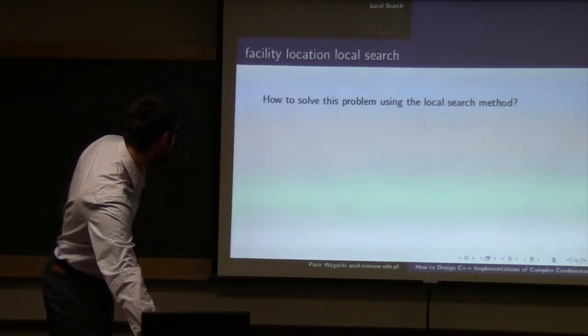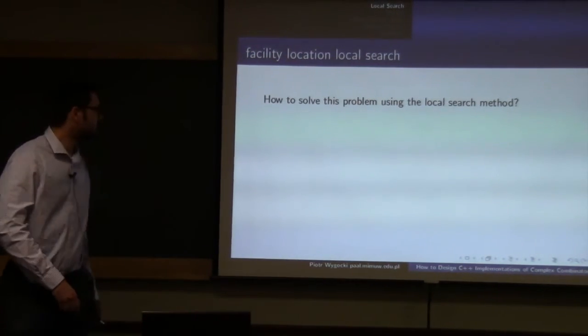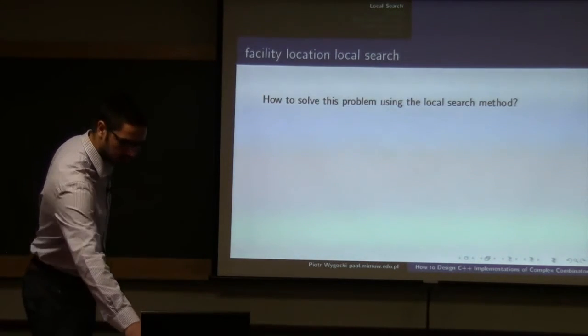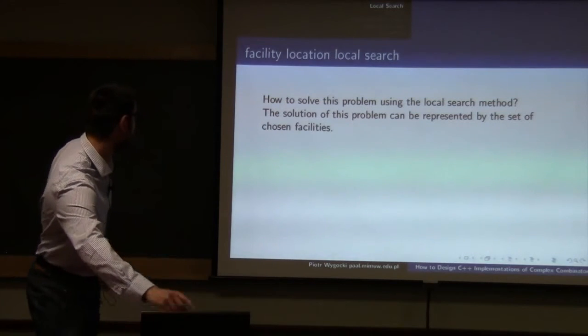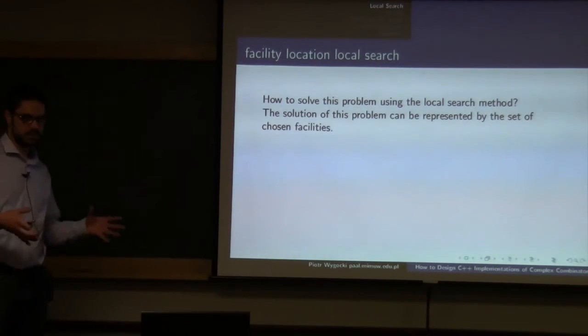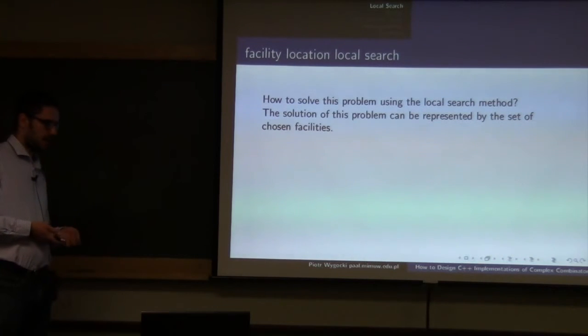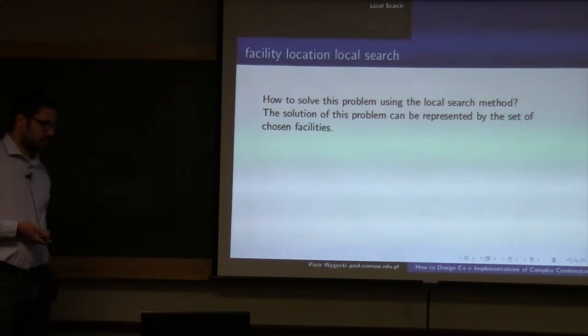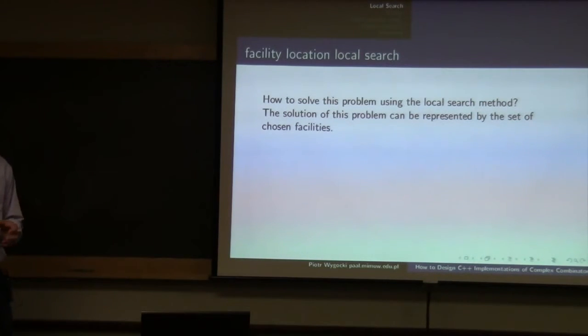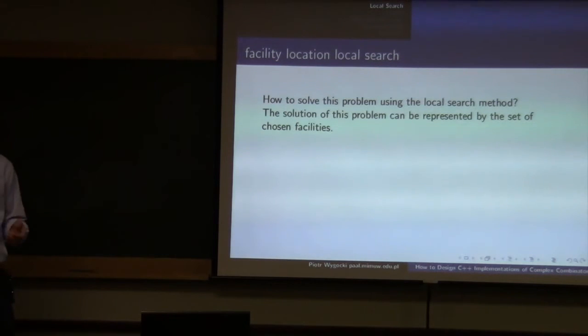So how do we solve this problem using the local search method? This is the question. We can represent the solution of this problem by the set of chosen facilities, yes? And we would like to modify this set a little bit and check if this improves our solution. So any ideas? How can we modify this set?